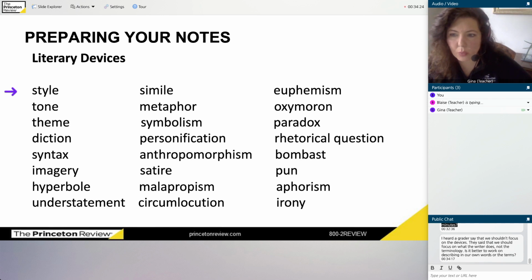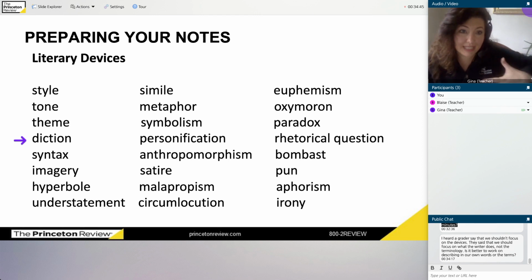I'm not saying that you can only know the devices and write a perfectly good essay. I'm not saying that. But for instance, let's say you notice that the author uses a specific kind of diction. Okay, diction has to do with word choice. Well, you want to know that it's called diction, right? Because it's just good to use the right terminology.